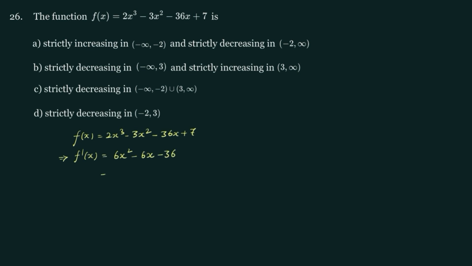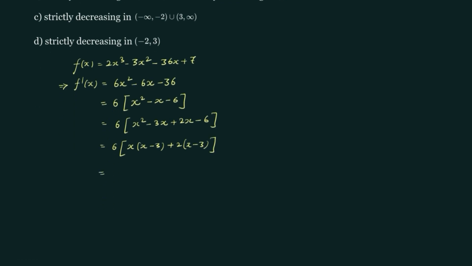Now let us factorize this function. First let us take out the 6 common, then it will be x square minus x minus 6. Splitting the middle term, we will get minus 3x plus 2x minus 6 equals to x common, plus 2 common, and from here x minus 3 common.